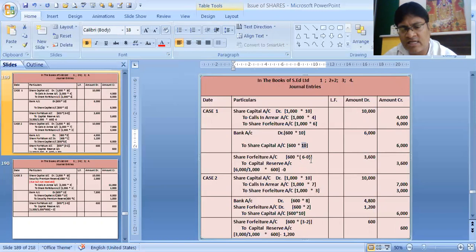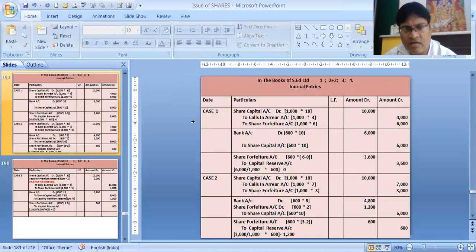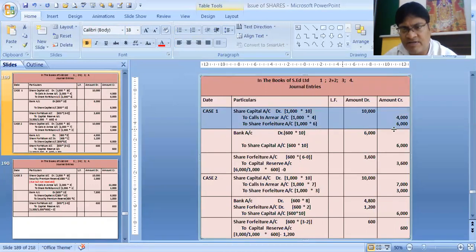Now we need to transfer the nominal account of profit, that is the forfeiture. We need to transfer this 6,000 to capital reserve. So when we are transferring this 6,000 to capital reserve, it is like this: share forfeiture account debit to capital reserve.